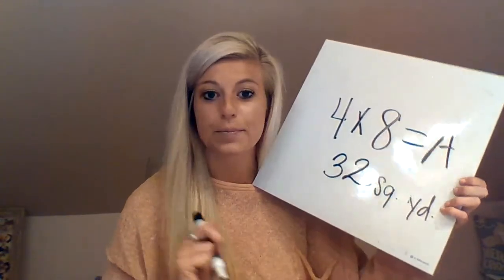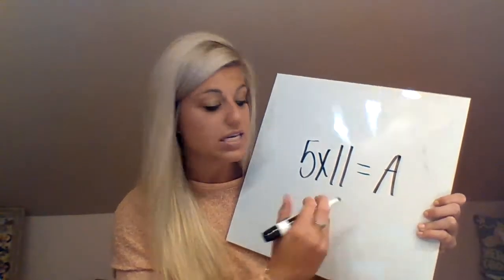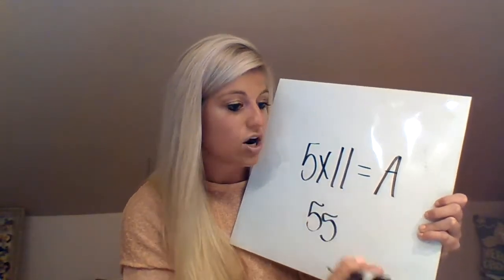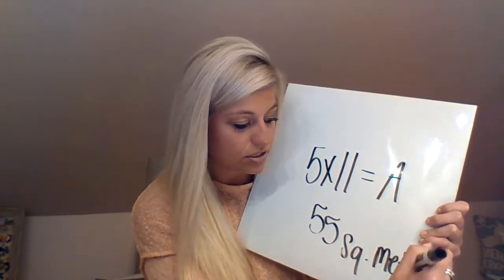So you're good to go. Number 2, I have my length is 5 and my width is 11. So what 2 numbers am I going to multiply? I'm going to multiply 5 times 11 equals the area. So 5 times 11 is 55. It already puts in your unit, but your unit is square meters.